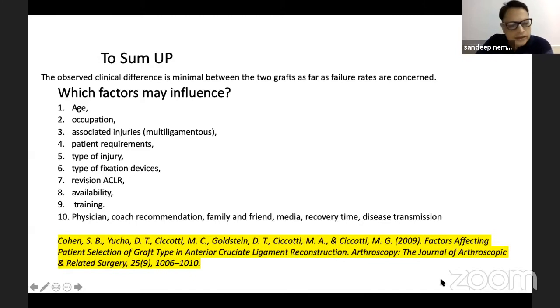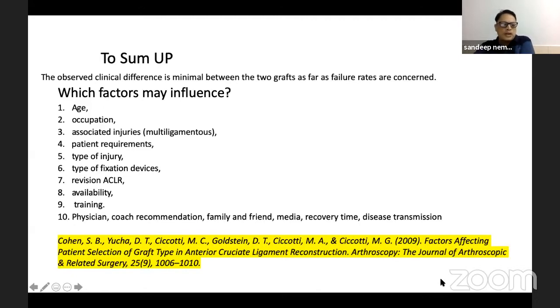Another thing is there is a study which looked into the factors affecting patient selection of graft type in anterior cruciate ligament reconstruction. In this study, at point number 10, I have taken out the conclusion.